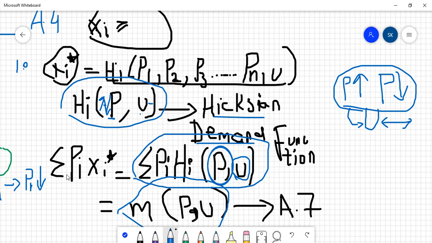We will take this function, summation pi xi star is equal to summation pi hi given p, u. We will differentiate this with reference to the ith price, and then we will get an equation of the following form, which I will solve for you.